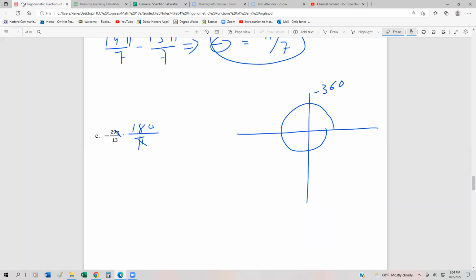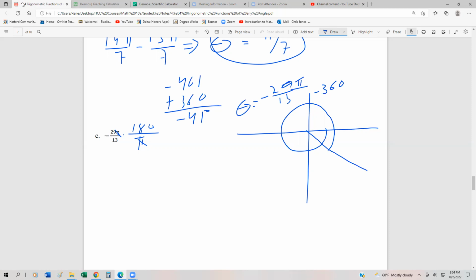So if I already took away 360 degrees, that means I have about negative 41 degrees left to go. And so that's probably going to end up right about there. So this angle would be theta, negative 29 over 13 pi.